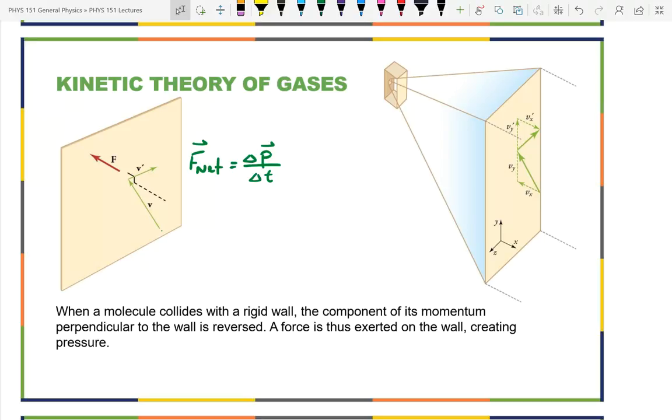Totally should have made this a clicker question, apparently. In the X direction, because that's the normal direction to the wall.